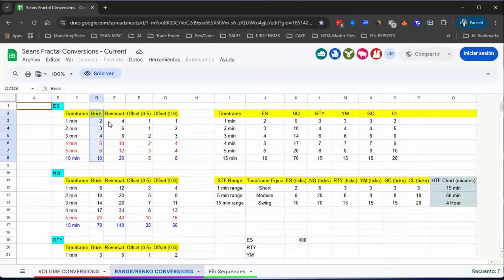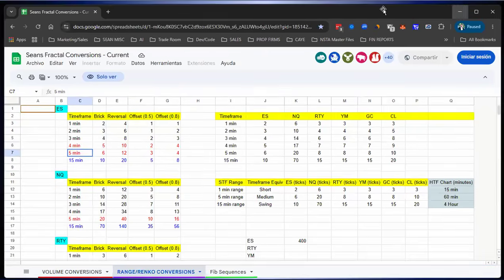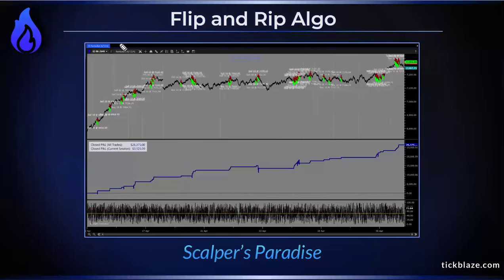So this is the brick size, the reversal size, and then just different offsets. So if you're wondering what's close to a 15-minute chart or what's close to a 5-minute chart, you can use different Renko sizes for the algos. You could basically just use this as a guidepost because ultimately this here is the Renko bars that we use. And not all bars are created equal.